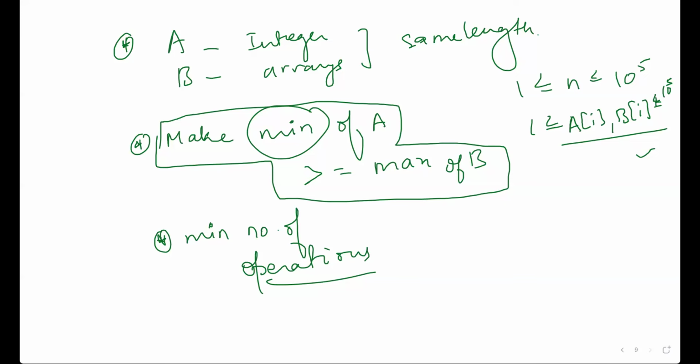Okay, the array which was given to you, what was the array in this case? 1, 2, 2, 3, and 1, 2, 3, 4. 1, 2, 2, 3 is your array A. 1, 2, 3, 4 is your array B. Now you have to find the minimum number of operations such that the minimum in array 1 is greater or equal to the maximum in array 2.